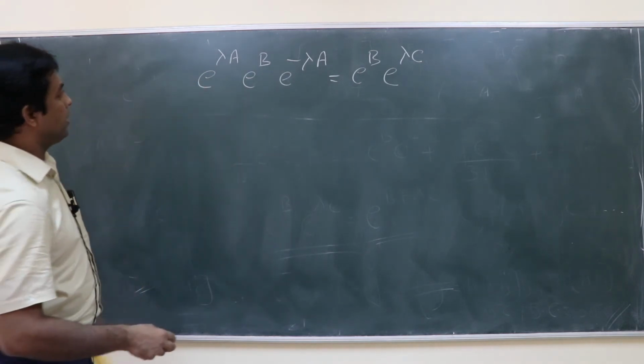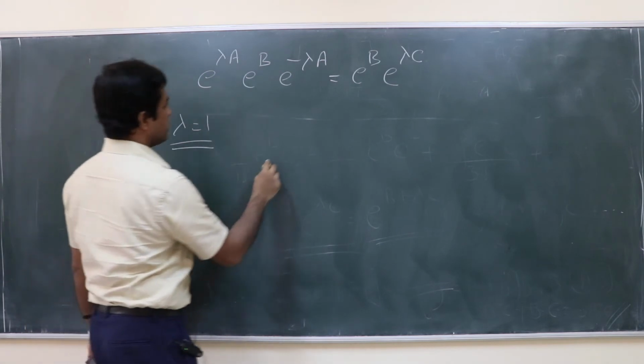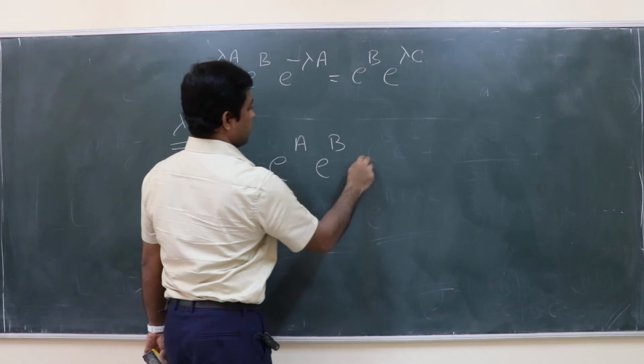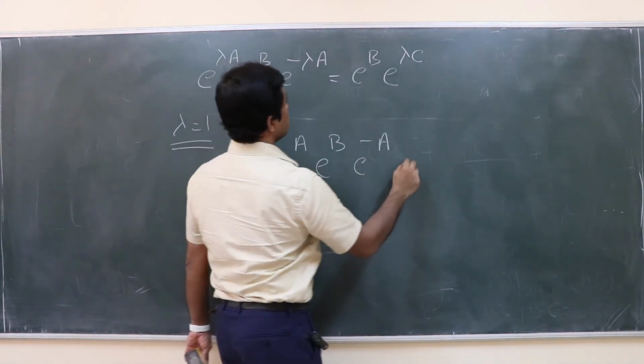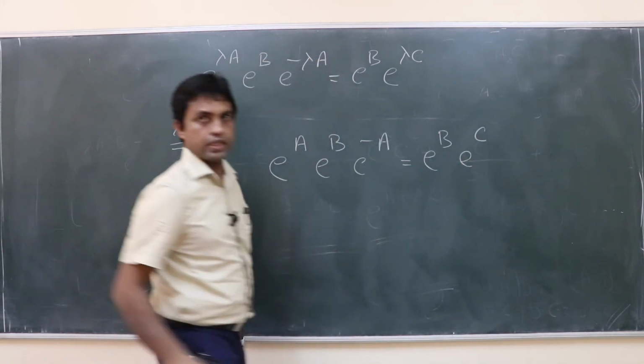Suppose I put lambda equal to 1 in this, what will I get? e^a e^b e^(minus a) equal to e^b e^c. Okay.